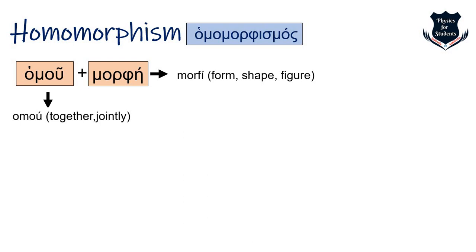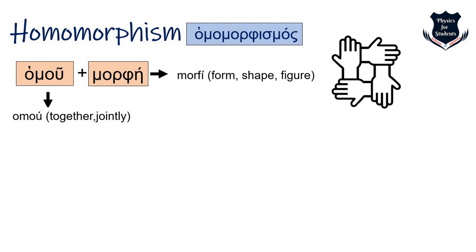Learning the roots is equally important, as these Greek terminologies give you an idea of what homomorphism is: something which is together and which carries a form, a shape or a figure.